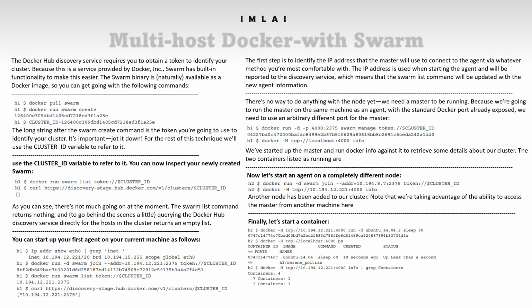Swarm automatically hides any swarm-related containers, though you can list them with the option a argument to ps. So that's how Docker Swarm is useful in creating a Docker cluster and automatically running a Docker container on a certain node connected in that cluster.